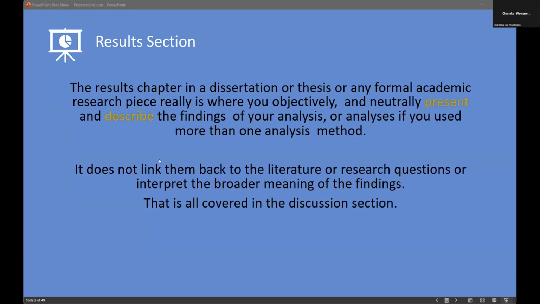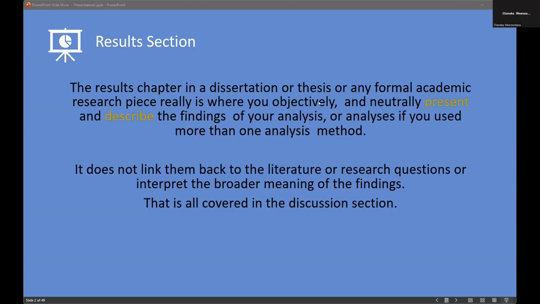I want to emphasize on four words: objectively, neutrally, present, and describe. So very important things that you should remember when we are dealing with the results section.